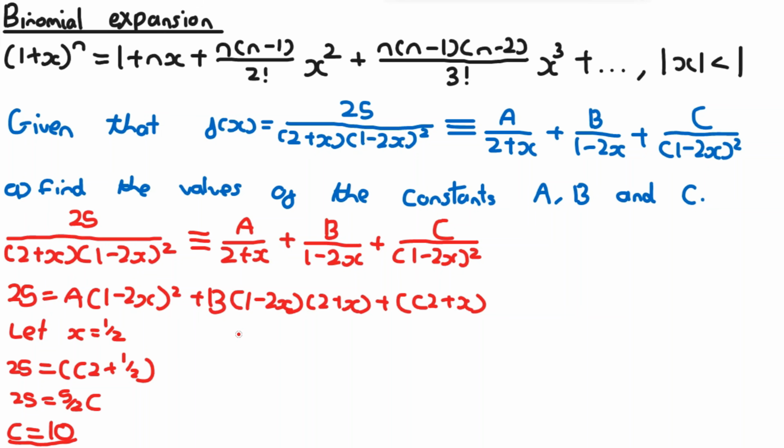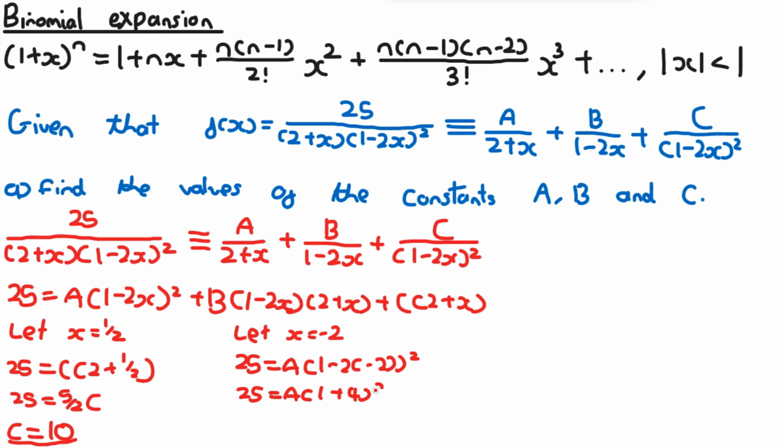And then we're going to let x equal minus 2, so therefore this bracket cancels out, so it's going to be 25 is equal to A of (1 minus 2 of minus 2) squared, so 25 is equal to A of (1 plus 4) squared, so it's 5 squared of A, so it's going to be 25A, so therefore A is equal to 1.